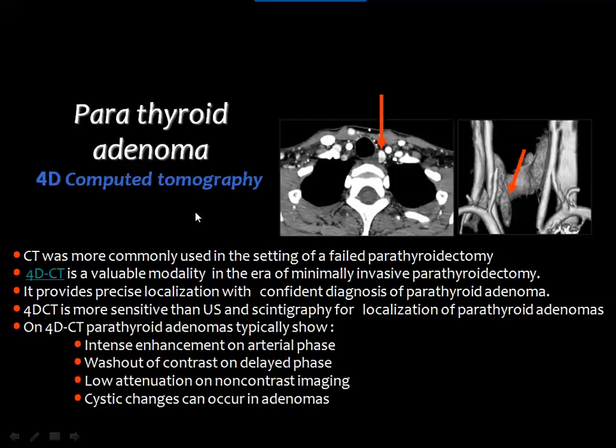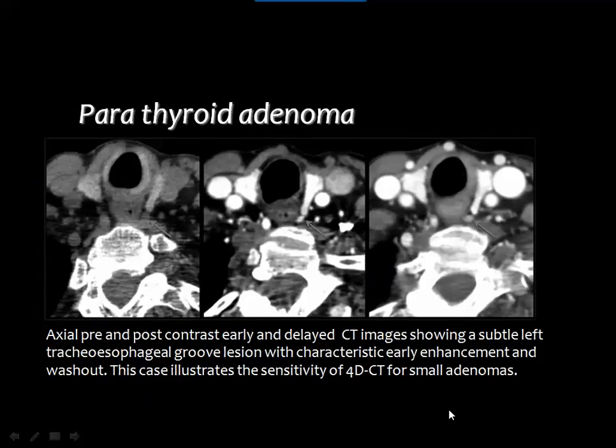One of the imaging tools nowadays is what is known as 4D computed tomography, and this is obtained by scanning the neck before injection of contrast material. Then we inject the contrast and obtain arterial phase images, and then we obtain the washout phase, or what is known as delayed phase scans. And this is an example.